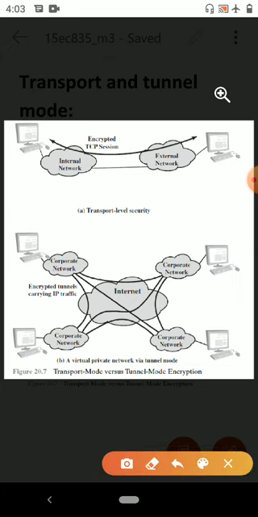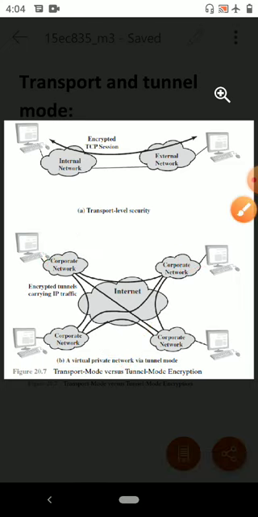Figure B shows how tunnel mode operation can be used to set up a virtual private network. In this example, an organization has 4 private networks interconnected across the internet. These are the private networks and this is the internet.